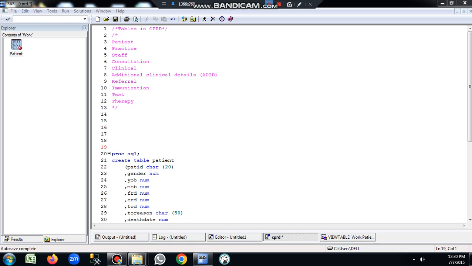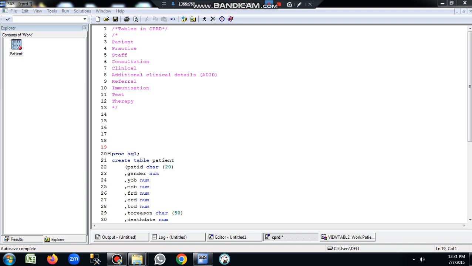In the CPRD Gold database, we have different tables. One is patient, second is practice, then staff, consultation, clinical, additional clinical details, referral, immunization, test, and therapy. And there are also some lookup tables. We will be discussing each of these tables one by one.